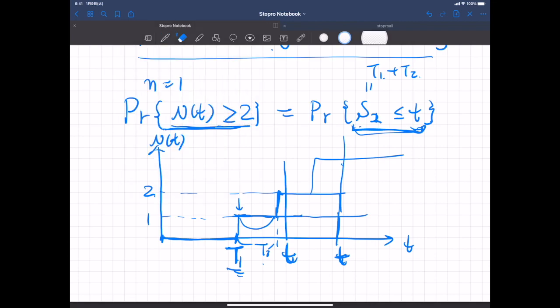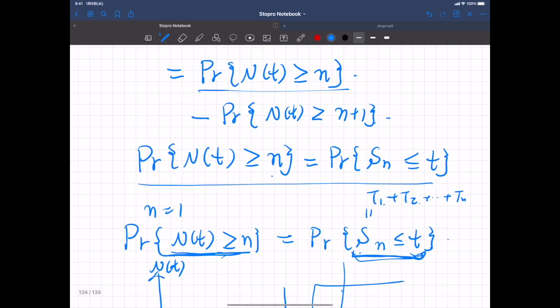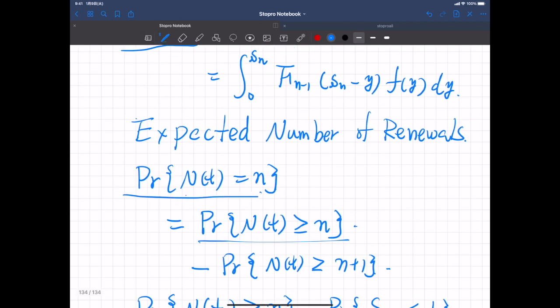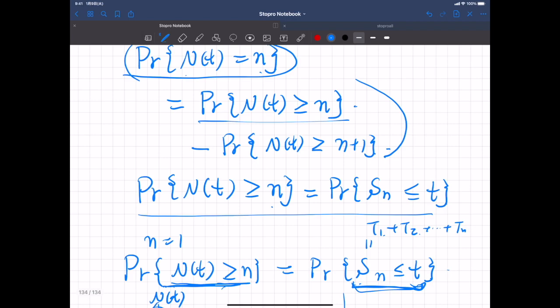So therefore, in general, we have this: Sn less than or equal to t is the same event as the number of renewals by time t is at least n. So if we use this relation, calculating this probability using this expression becomes easy.